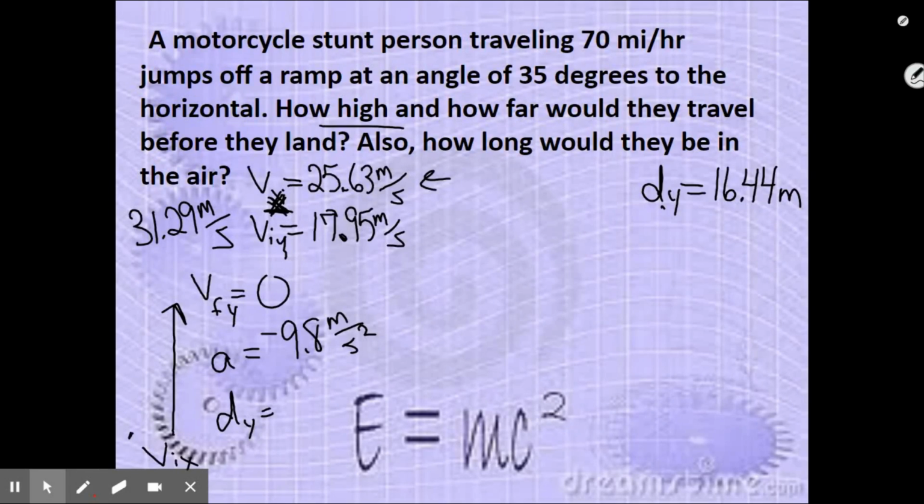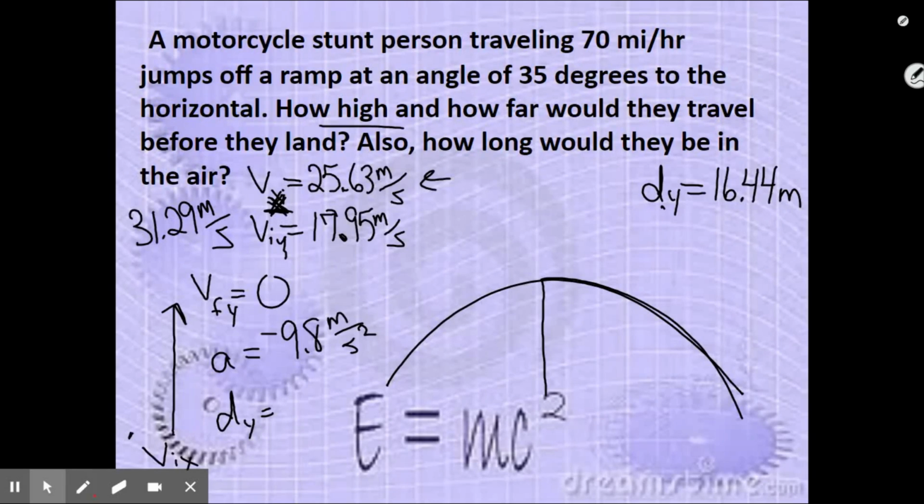So if it is going up in the air, we can use the y information to find out how long it's going to take to go up. And then we can double it to find out how long it's going to take to go down. Because if it's following this path, however long it takes it to get to the top, it's going to take it to get back to the ground.